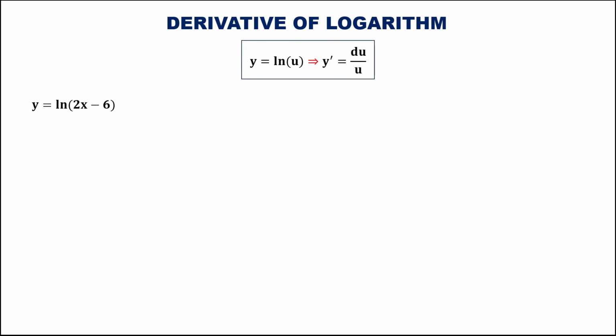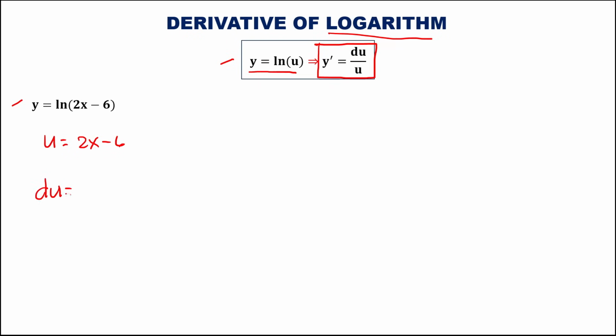So for this problem, to find the derivative of a logarithm, we use this formula for the derivative of a natural log. From this given, to evaluate the derivative, u equals 2x minus 6.